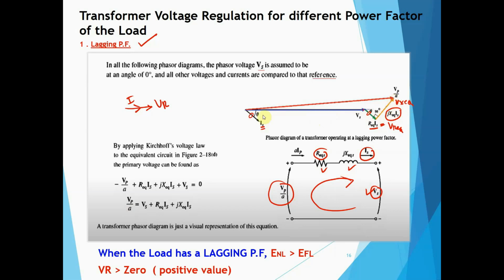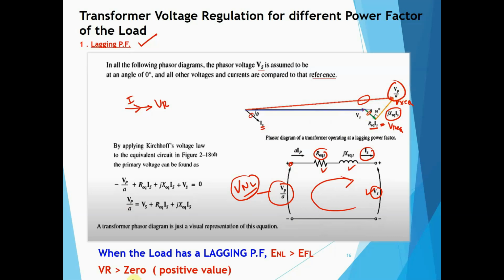When you add all of the voltages, it will be equal to VP over A, which we can consider as V no load, because at this point the load is not yet connected. As you can see from here, if you compare the voltage across the secondary, the voltage of the secondary is smaller than VP over A, or the V no load.